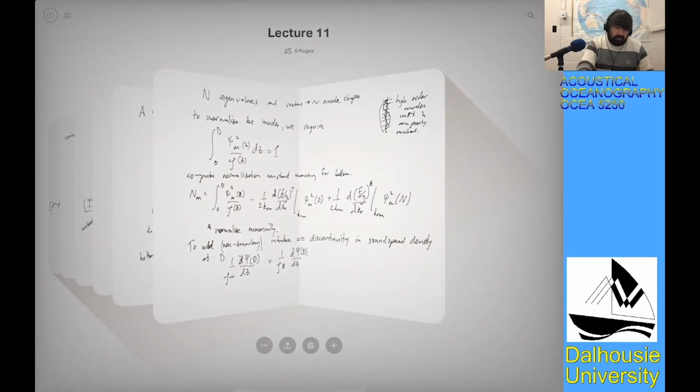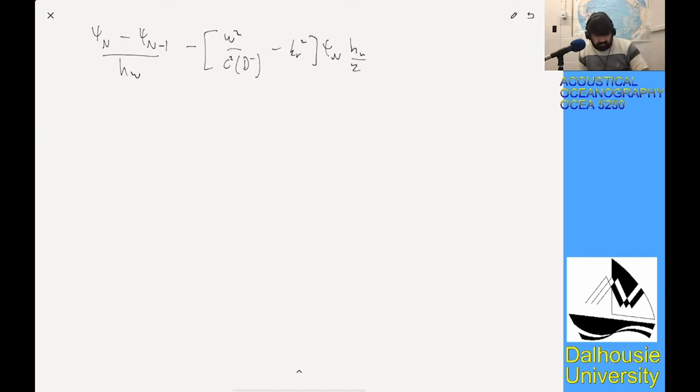Well, psi n minus psi n minus 1 over hw. We'll approach d from below. Kr squared psi n hw over rho w. Hw is the spacing on the water side.